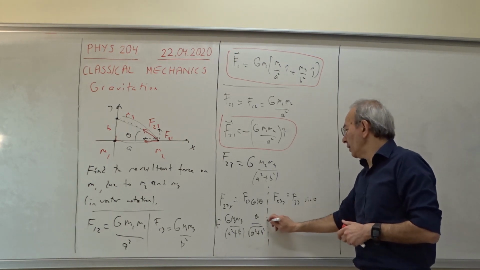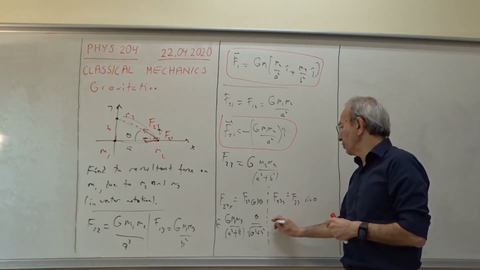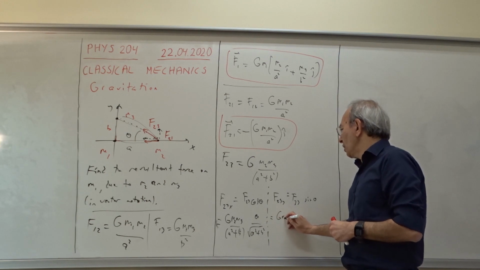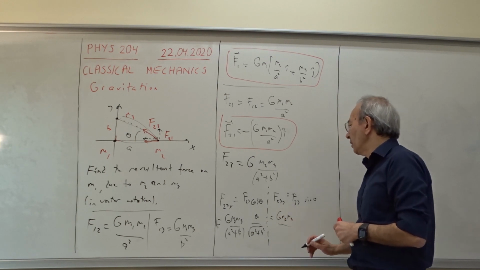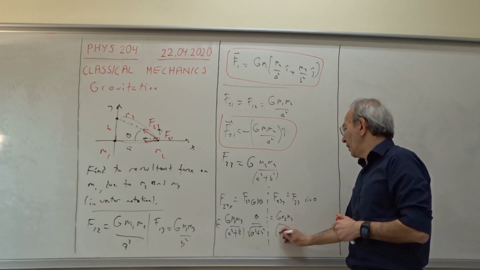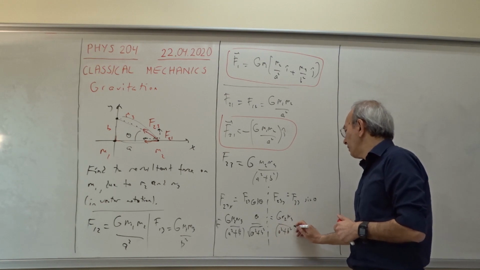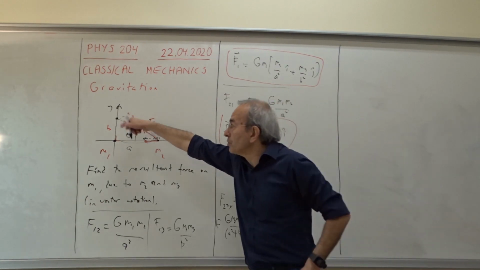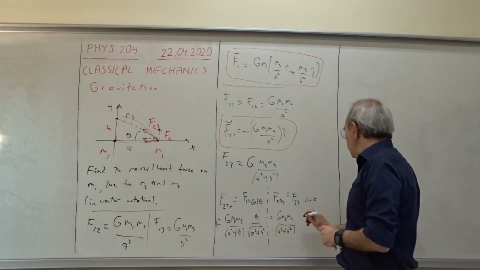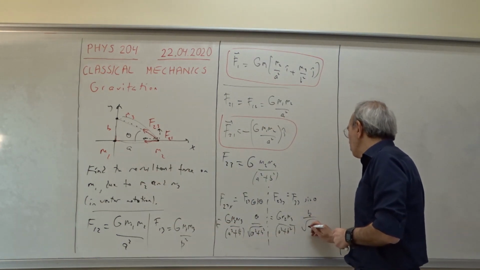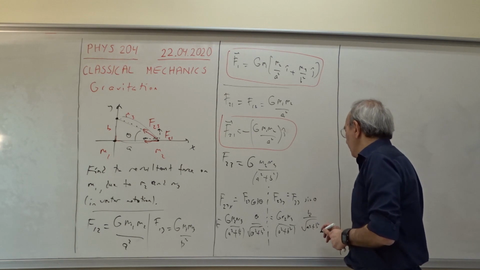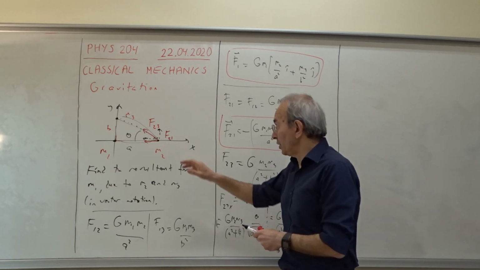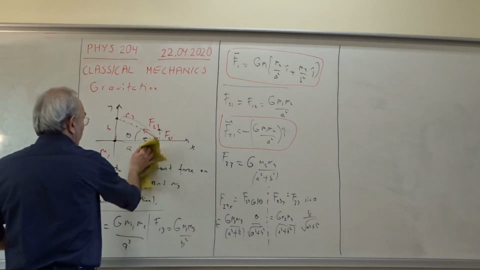Similarly, for the vertical component, it is G M2 M3 divided by A squared plus B squared, but now multiplied by the opposite side over the hypotenuse, which is B over, again, the same root. So let me write the final results here and then go to the other example.